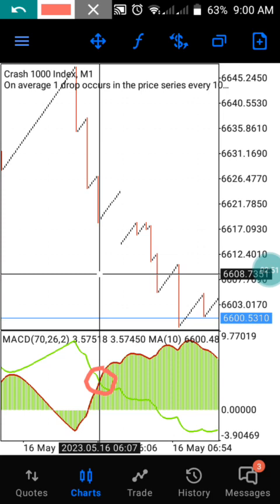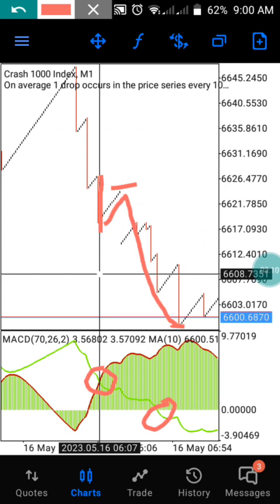So this is a downtrend signal for you to catch. Now you can catch a spike with it. From this level up to this level you can catch your spike, and you can exit your market anytime you see the green going out of the histogram on a downtrend.